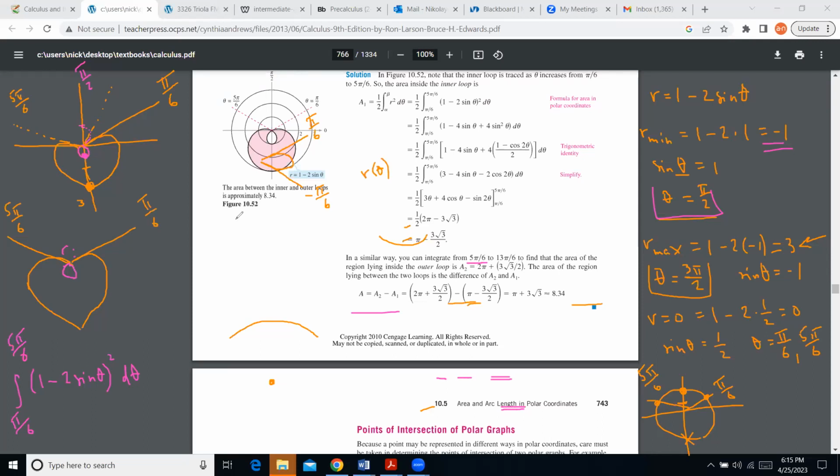So what is going on? So for the little one, I got that. So I guess I need to somehow get from 5π/6 all the way around to π/6 plus pi. So that's how you're going to get the big area, which is 13π/6.